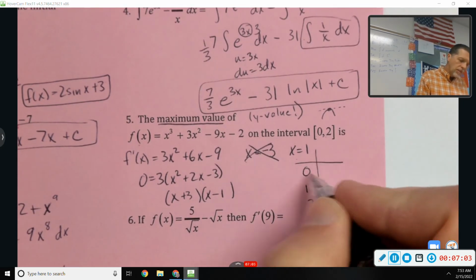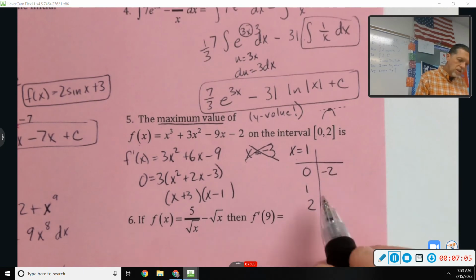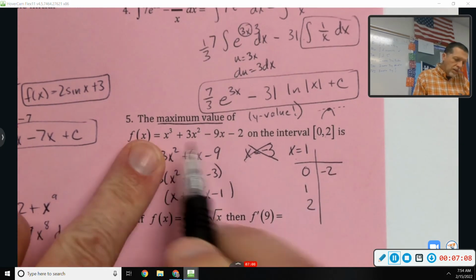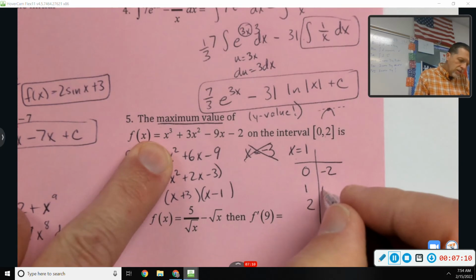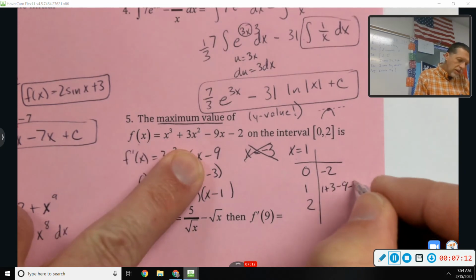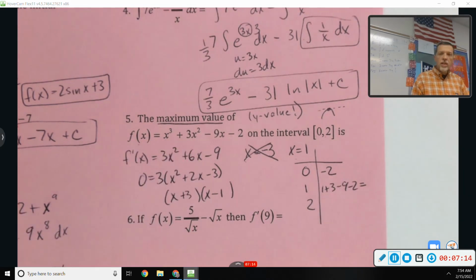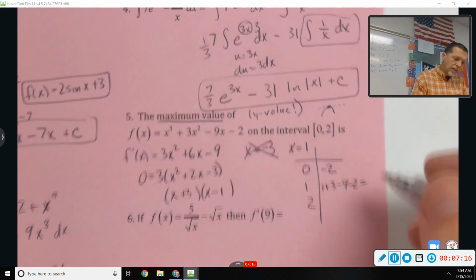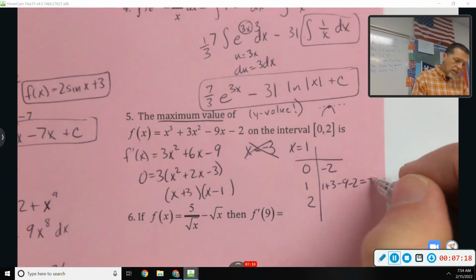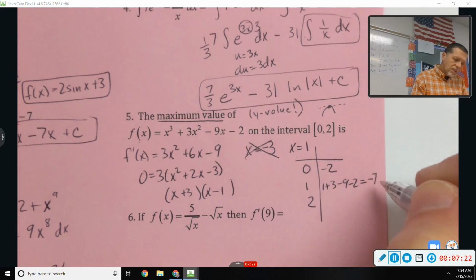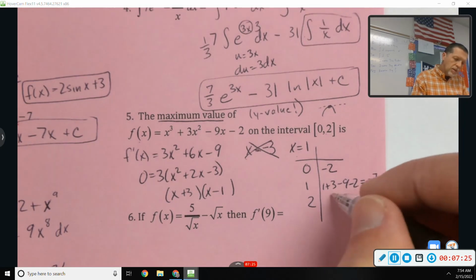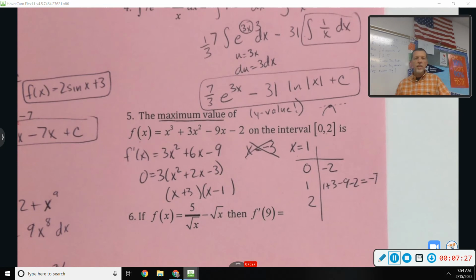Let's see, 0 would give me negative 2. 1 would give me 1 plus 3 minus 9 minus 2. That's going to be even more negative, so that's not going to be it. Let's see, negative 7. Negative 11 plus 4 is negative 7, so that's not it.